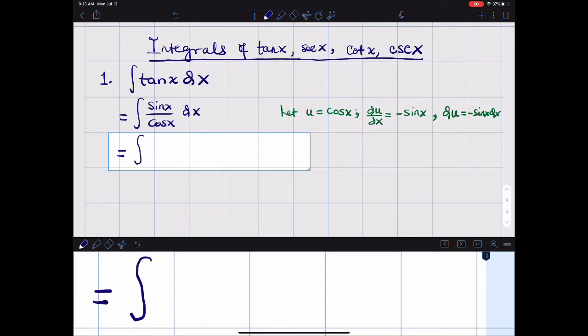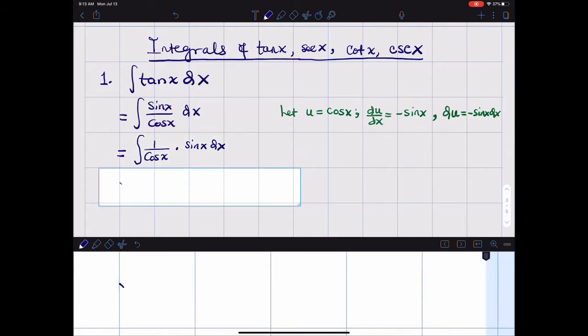So sine of x dx becomes negative du, because du is negative sine of x dx. So if you look at this as 1 over cosine x times sine of x dx, then that means that this is 1 over u times negative du.